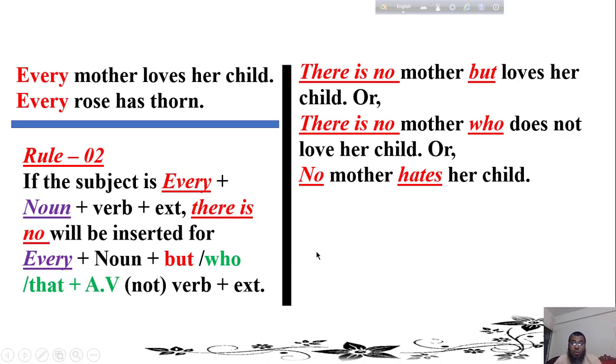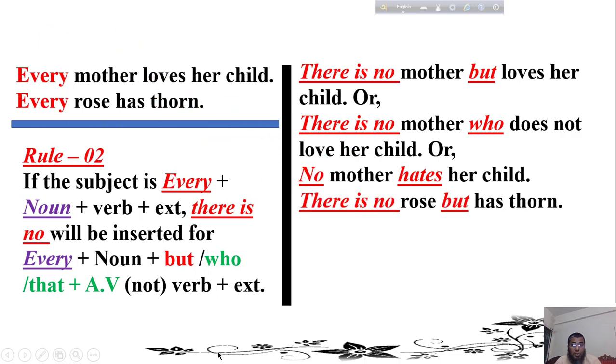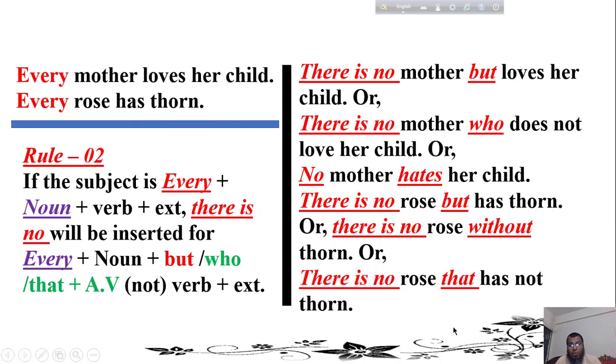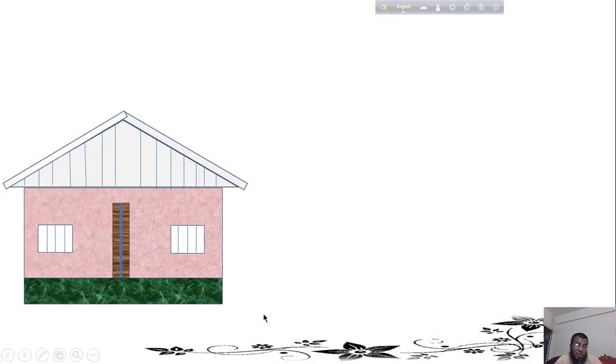Like this, you can use "no" where there is "every", and here in the sentence there is the word "loves", and this word has an opposite word. This is "hates". So, no mother hates her child. Fine. And the second one: every rose has thorns. So, there is no rose but has thorns. There is no rose without thorns is another way, and there is no rose that has not thorns. So that is the answer.